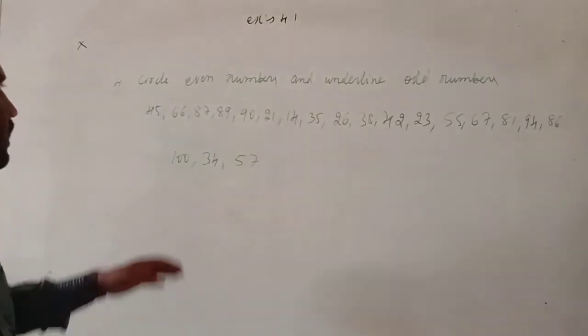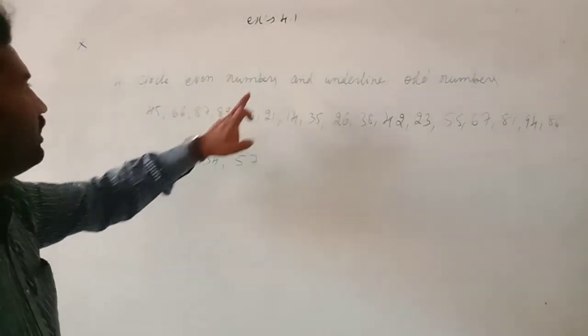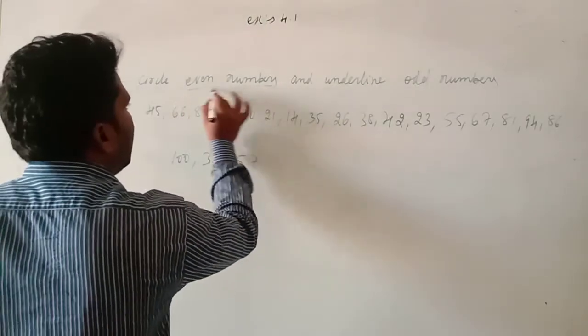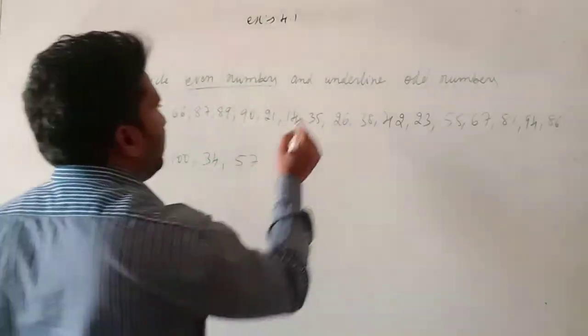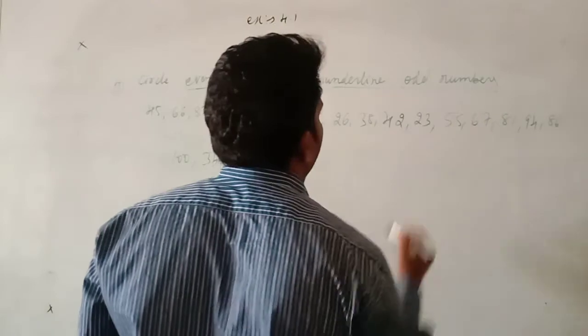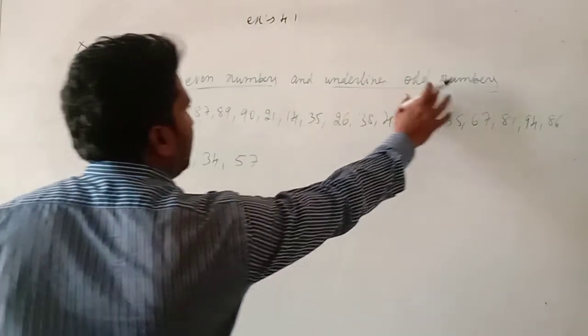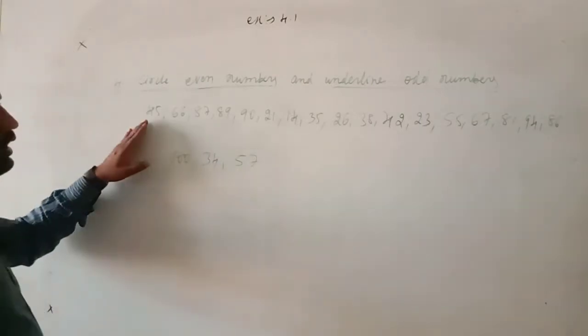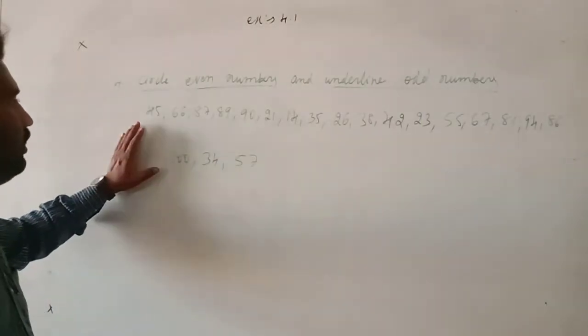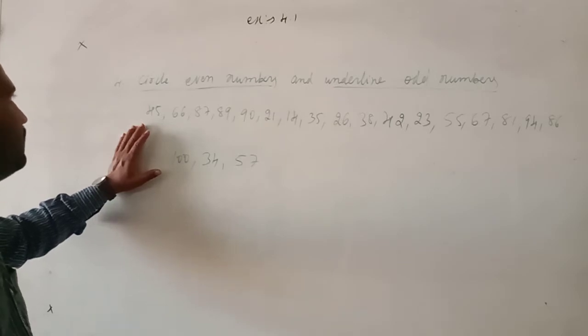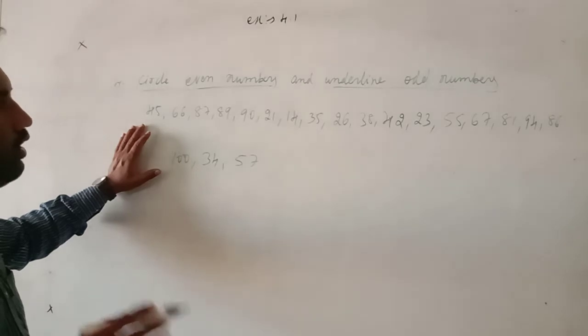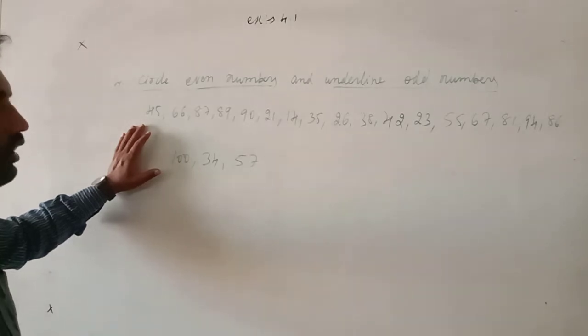So which are even numbers, we have to circle, and which are odd numbers, we have to underline.